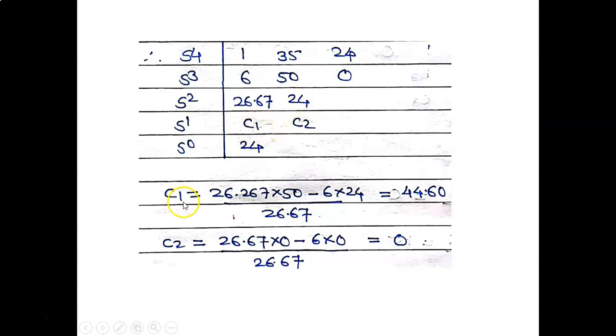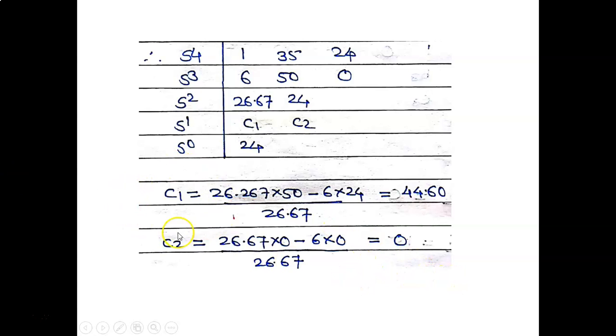Therefore c1 is equal to 26.67 into 50 minus 6 into 24 divided by 26.67, which is equal to 44.60. C2 is equal to 26.67 into 0 minus 6 into 0 divided by 26.67, which is equal to 0.